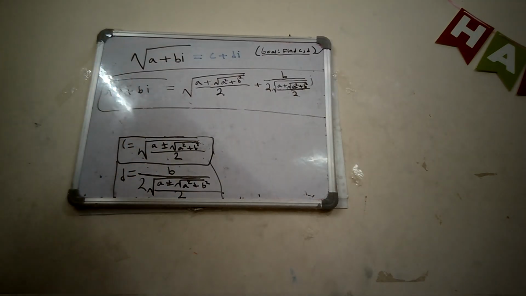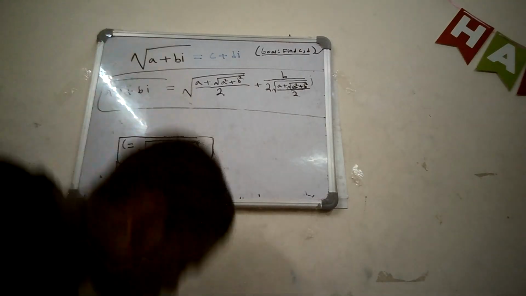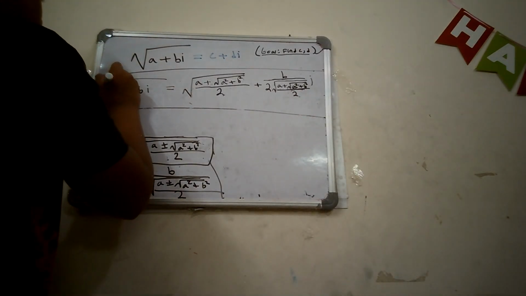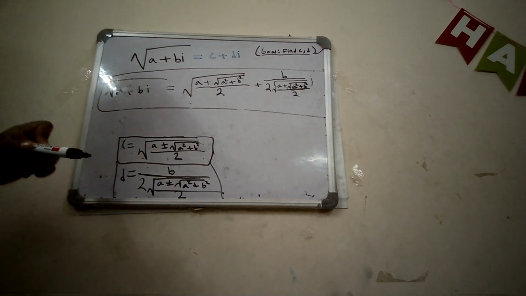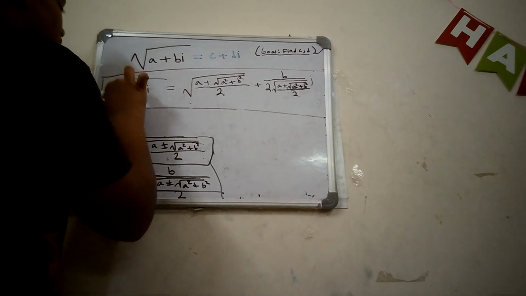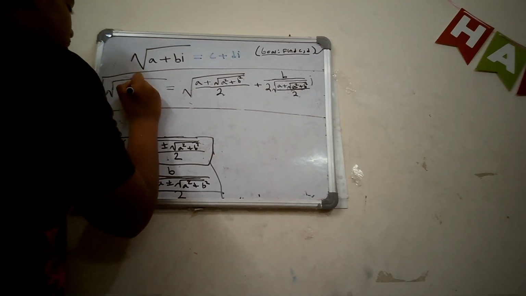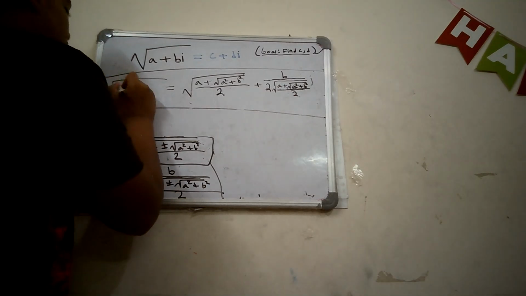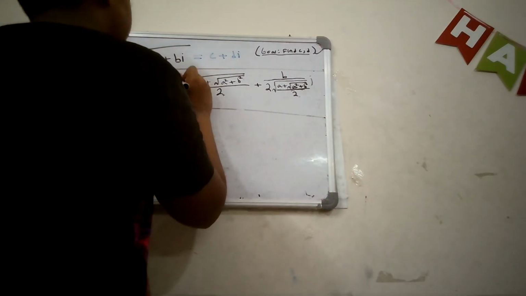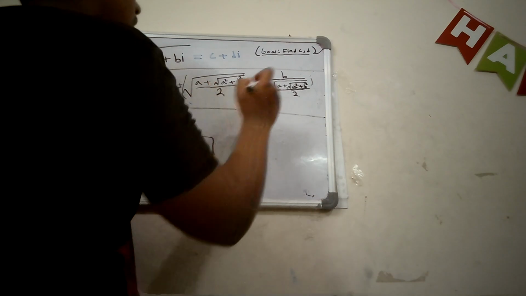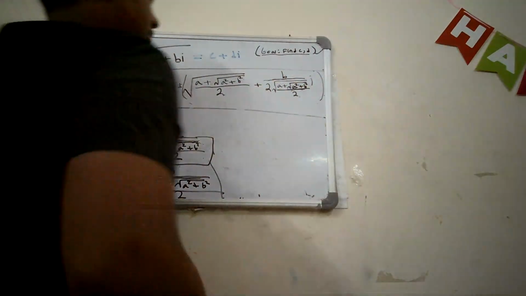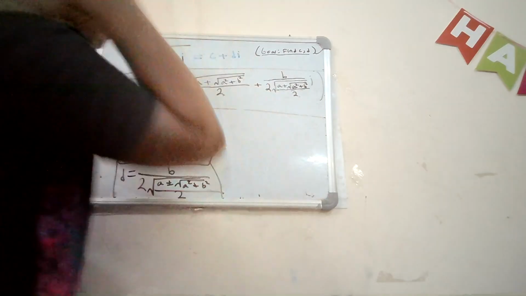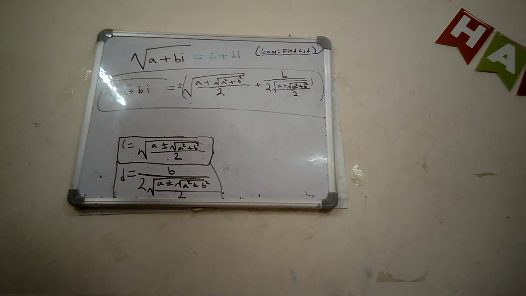Alright, so plus or minus the square root of a plus bi is equal to plus or minus. Okay, just put it plus or minus on both sides. That's what's happening. It's nothing special. Okay, it's not anything special basically.